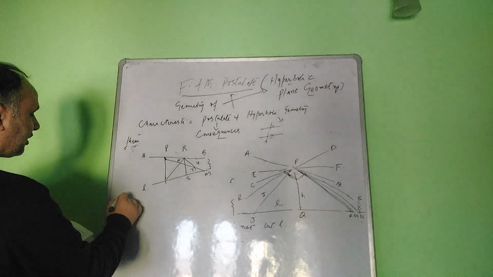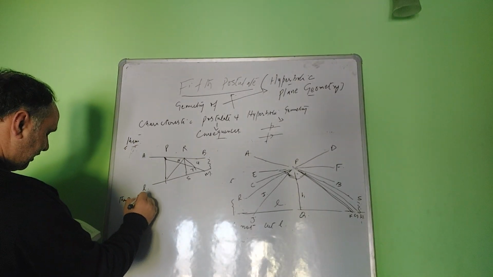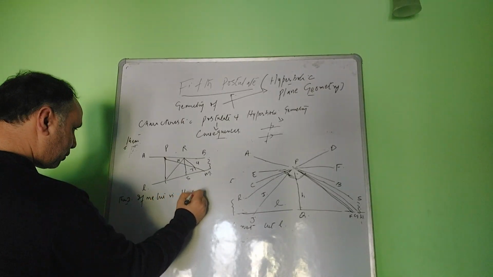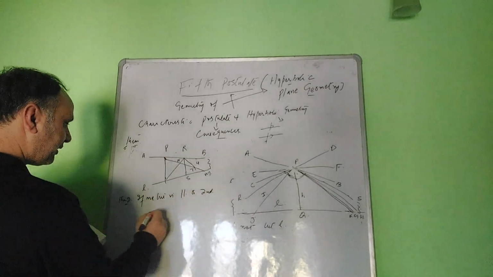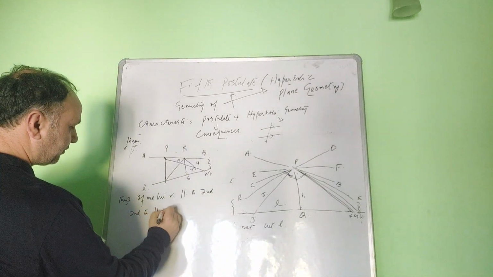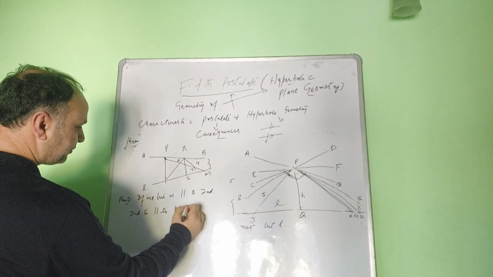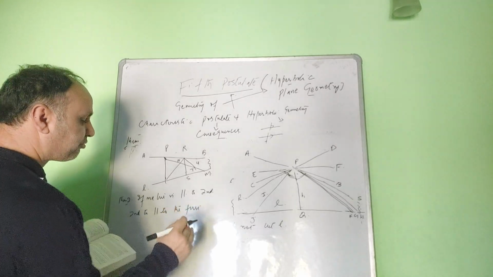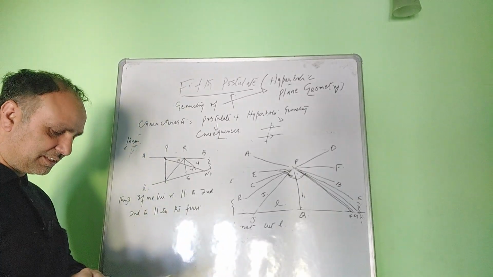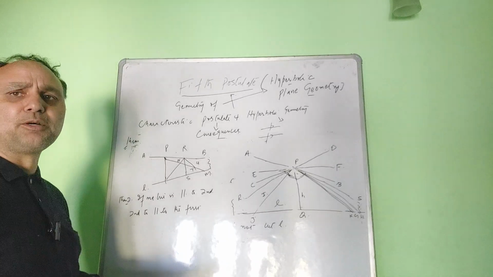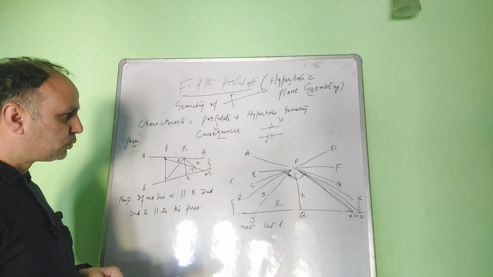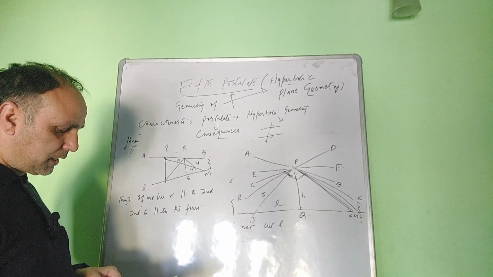Theorem 2 states that if one line is parallel to a second, then the second is parallel to the first. It's also in construction. It needs some amount of thinking to absorb it.